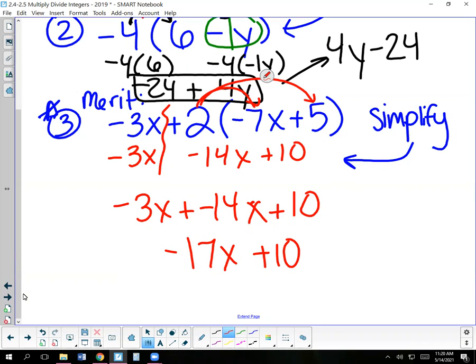Nobody got it? If you had 10 minus 17x, or let's see, hold on. It's okay if you didn't do it. She was close. Oh, that was close. It was x. Very close too.